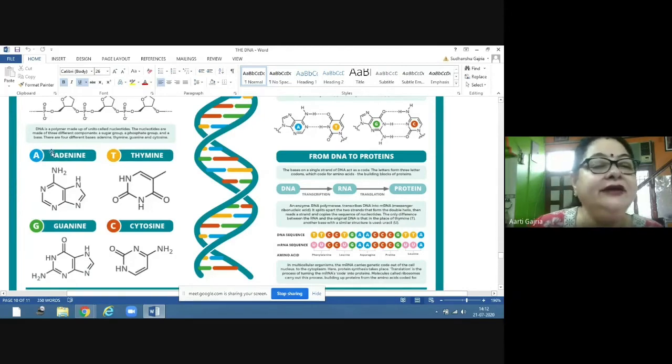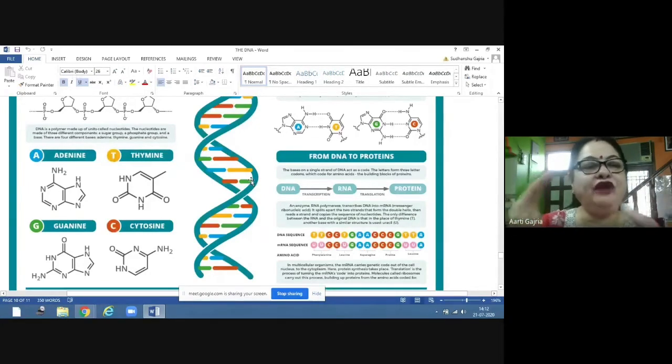So, adenine will always pair with thymine. So, how many rings in total? 3 rings. And guanine will always pair with cytosine, 3 rings. That's why the distance between the 2 helical strands is the same, because one purine and one pyrimidine is present.